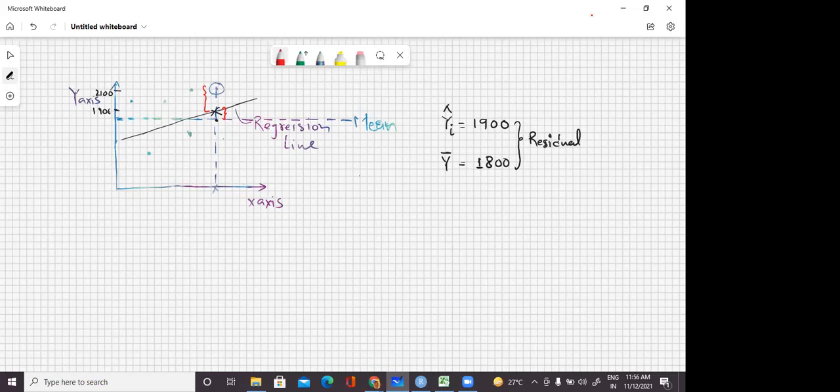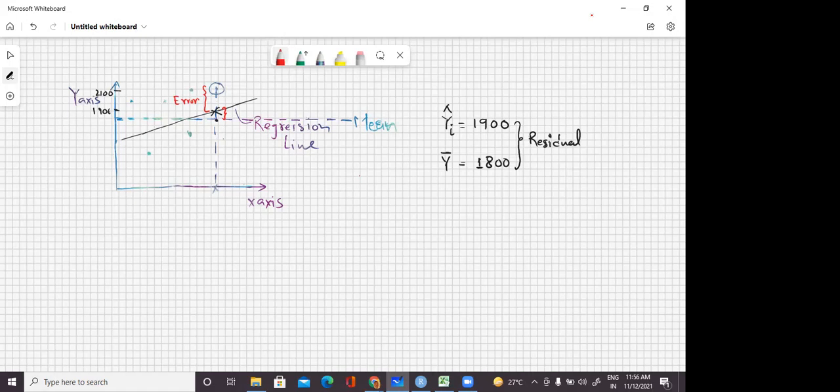Okay. It is a common misconception that as we use the term error, people think we have done some mistake in our process. It is not like that. Yeah. So this distance is named as error. Okay.